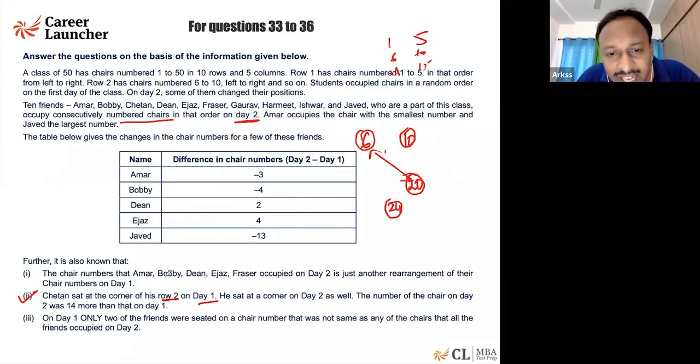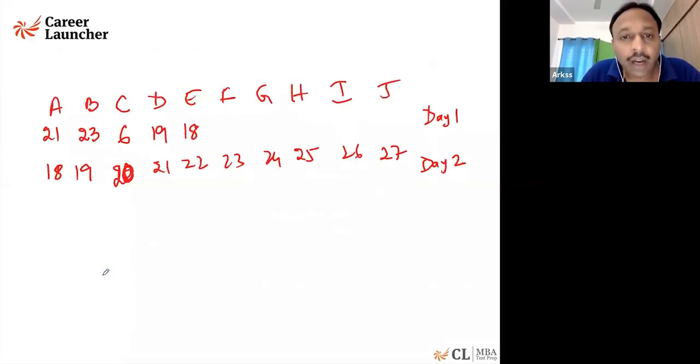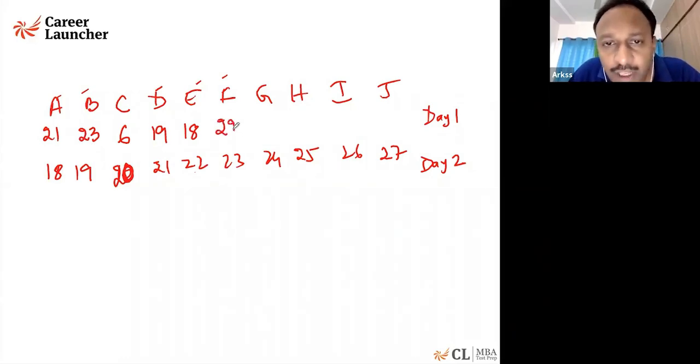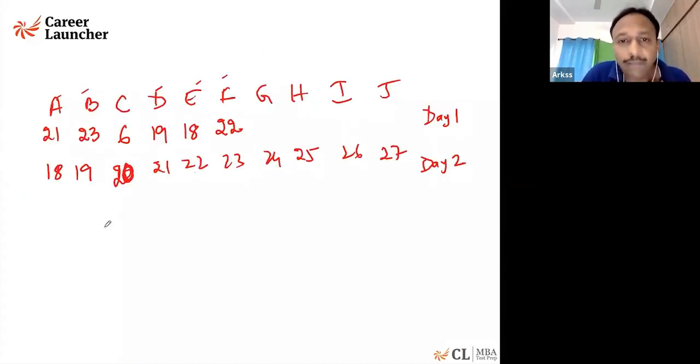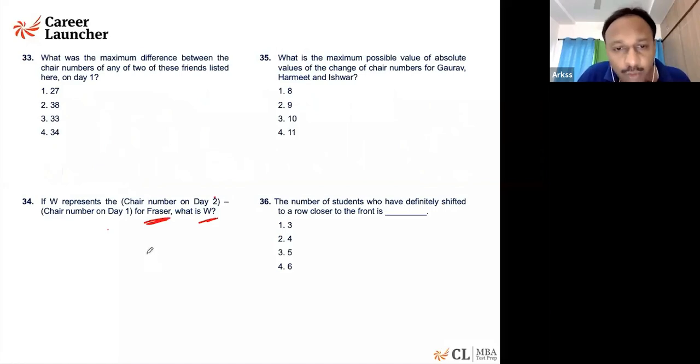But we are also given that A, B, D, E, and F occupy a rearrangement of their day 1 chairs. Now, 23 is there here. 21 is there, 19 and 18 are there. 22 is not there. That means F has to be 22. In fact, I'll get my answer. This is Fraser, day 2 minus day 1, and the answer has to be 1. This is easy.